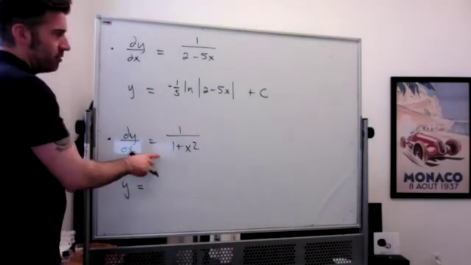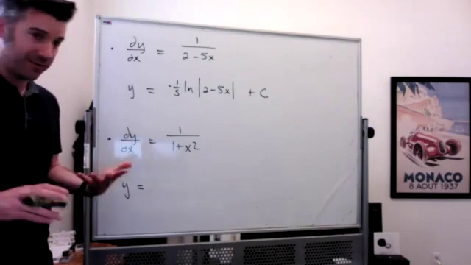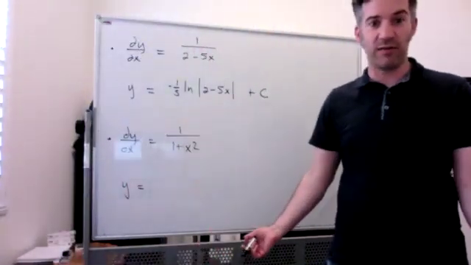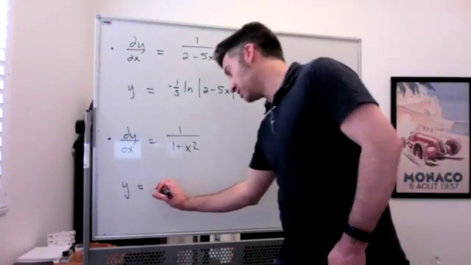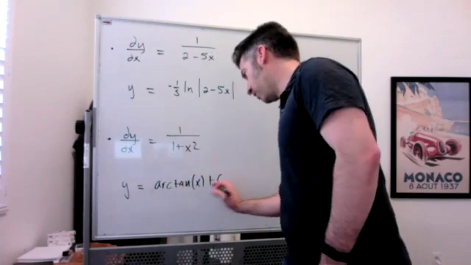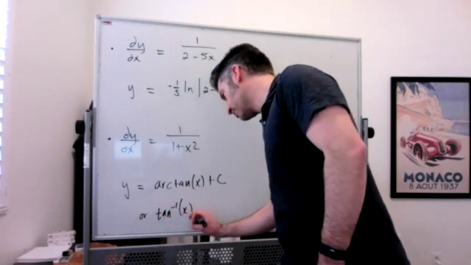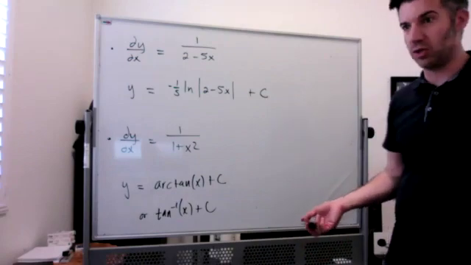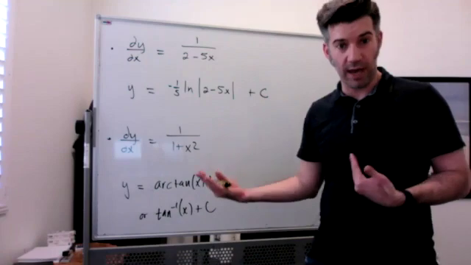For this one, I'm not going to let you fall into the trap. People often mistakenly say that the antiderivative is the natural log of 1 plus x squared, but we know it's not. We know that it's the arctangent of x, or if you prefer, the inverse tangent of x. So you only get a natural log essentially if your denominator is a linear function of x.